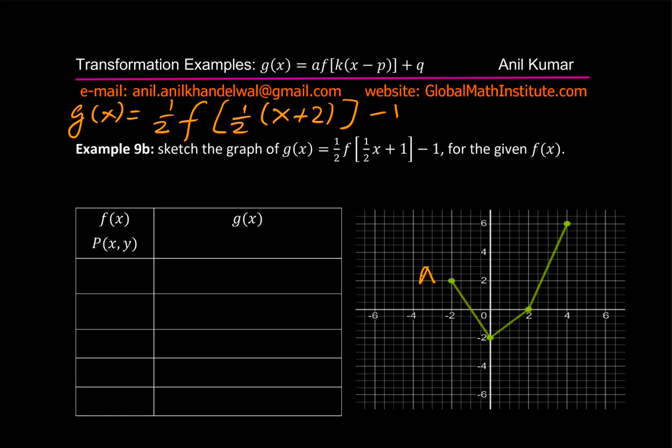We'll label them A, B, C, and D. Coordinates for point A are minus 2, 2. Coordinates of B are 0, minus 2. Coordinates for C, 2, 0.